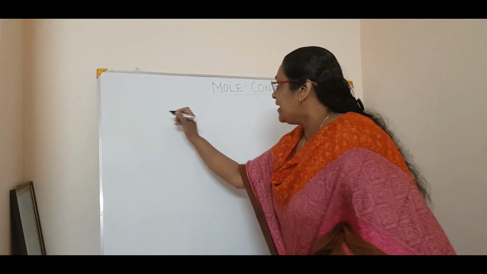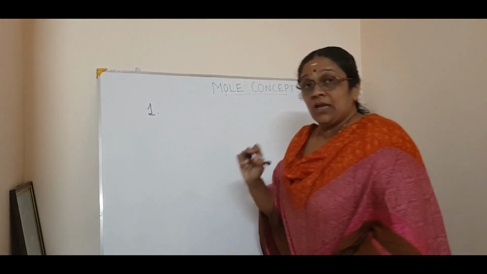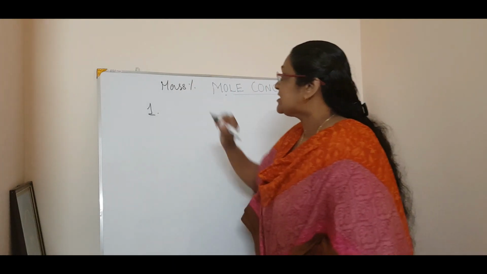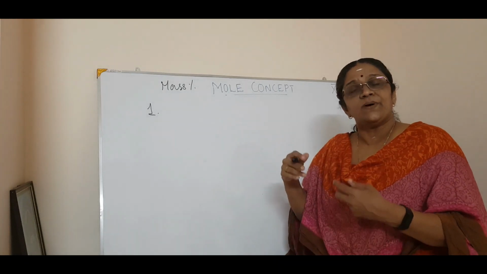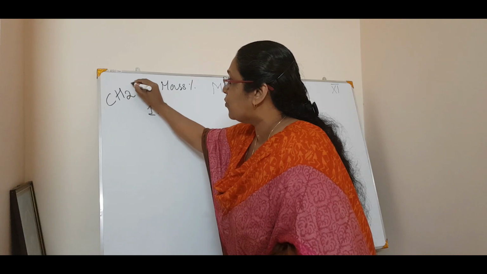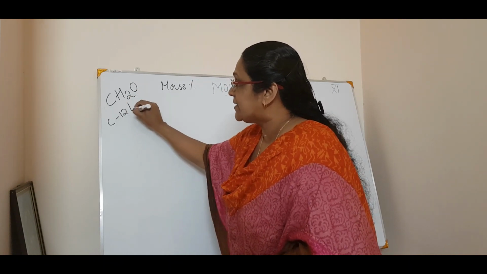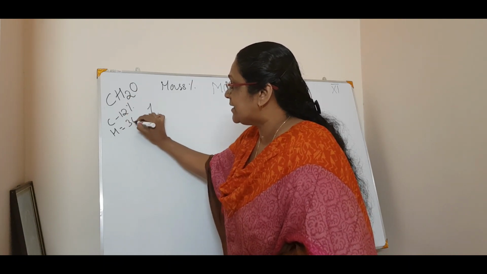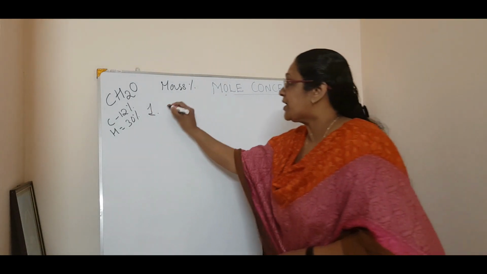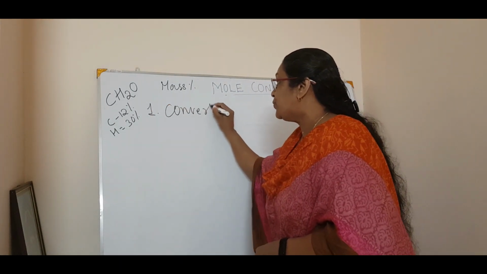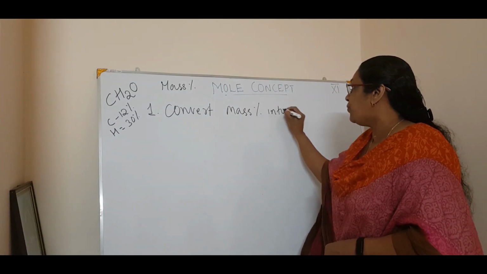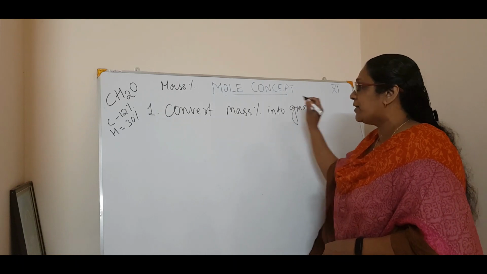Okay, listen carefully. Step number 1: you are given the mass percentage, isn't it? For example, for a compound like CH2O, the carbon is 12%, the hydrogen is 30%, like that. If you are given the mass percentage, first you convert the mass percentage into grams.